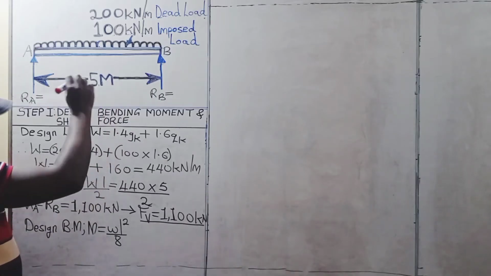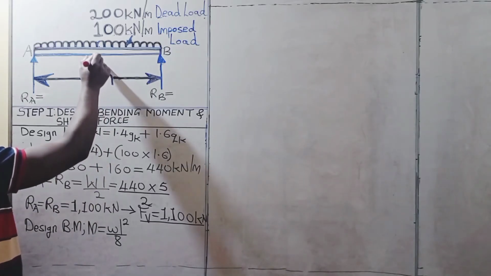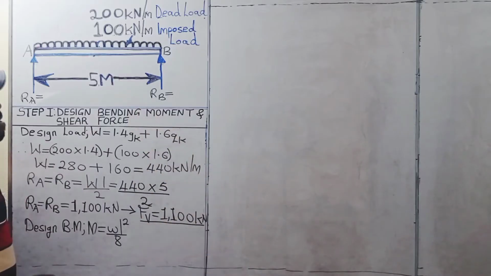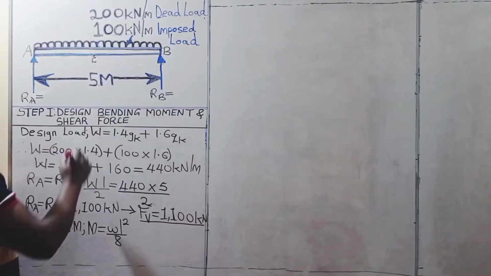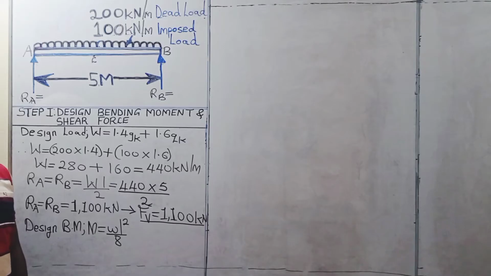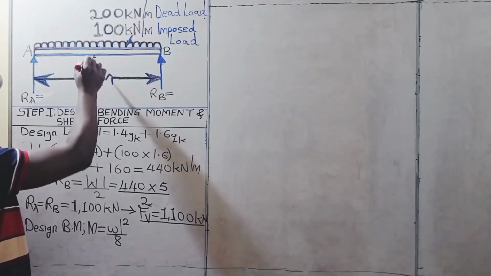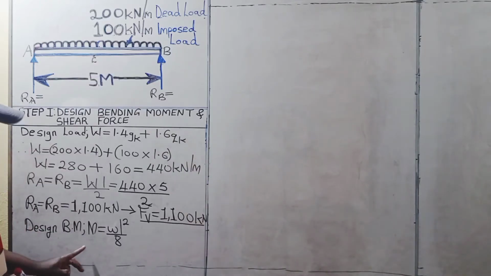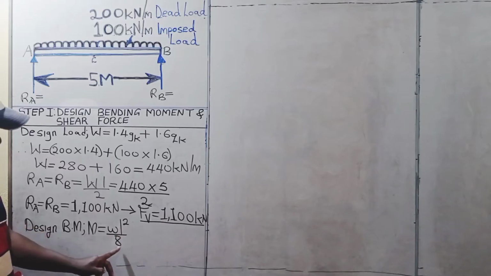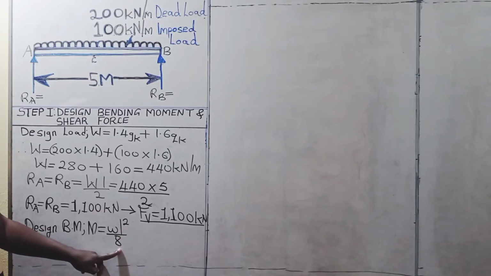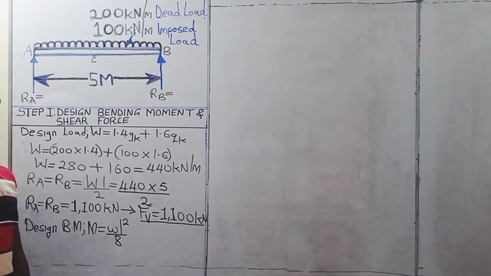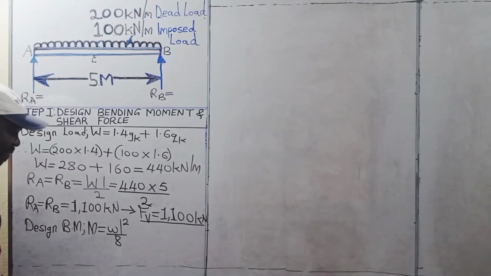Since the shear force at the center of this beam, can call it point C, is 0. And when shear force is 0, bending moment is maximum. Therefore, the maximum bending moment at C, that is the design bending moment, will be given by WL squared divided by 8. Remember, the beam is being loaded with uniformly distributed load. So from structures 1, that is where we get this formula.